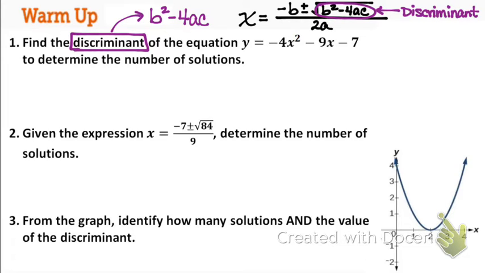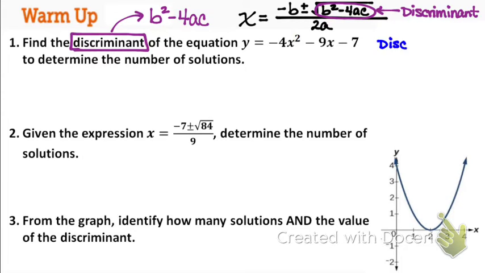So before we actually find the discriminant on number 1, it says determine the number of solutions from this information. So I want to know, once we go through and we find the discriminant, we have a number, we've done b squared minus 4ac.